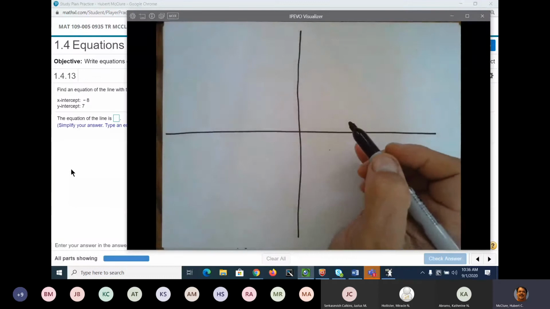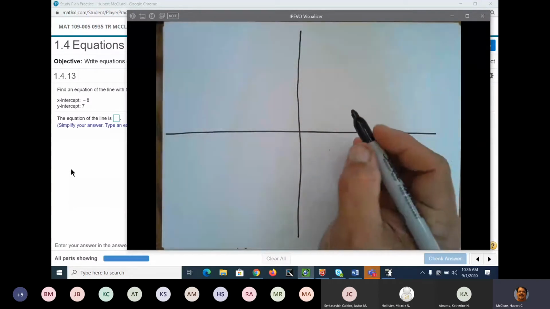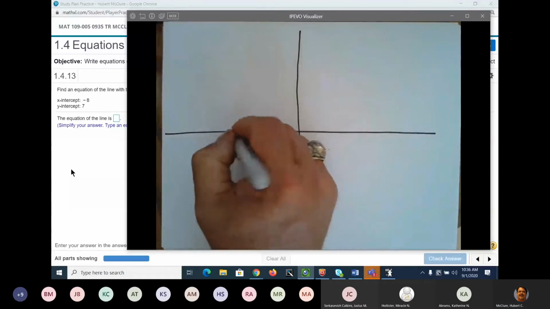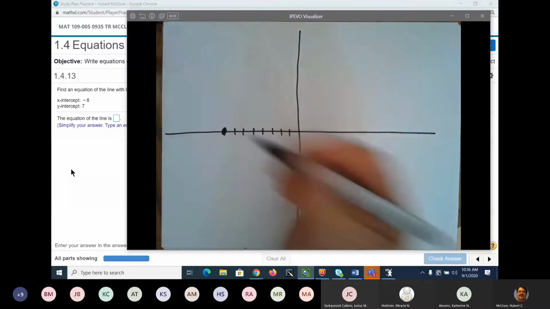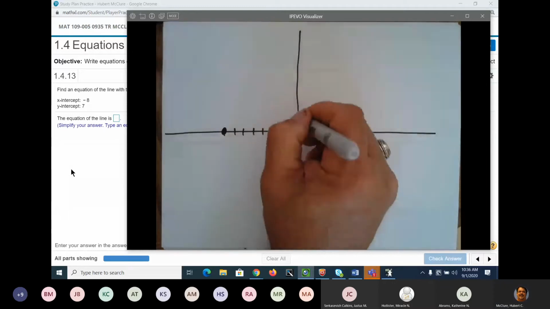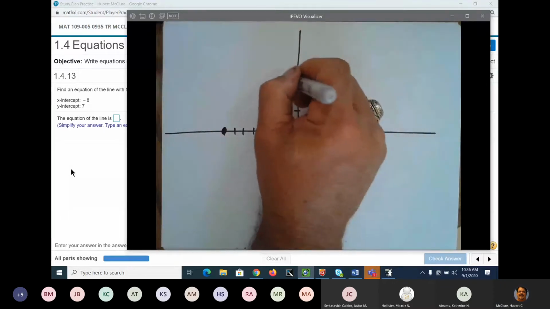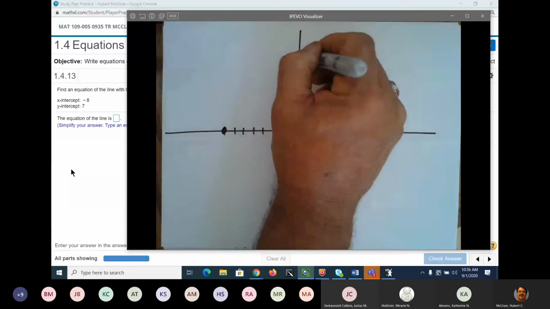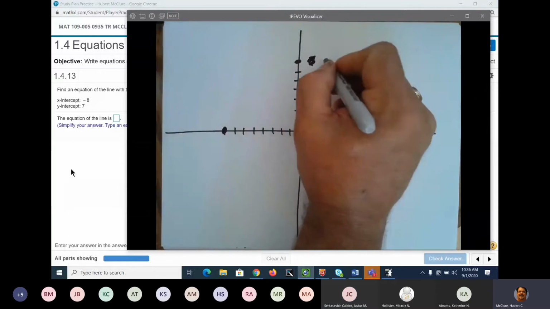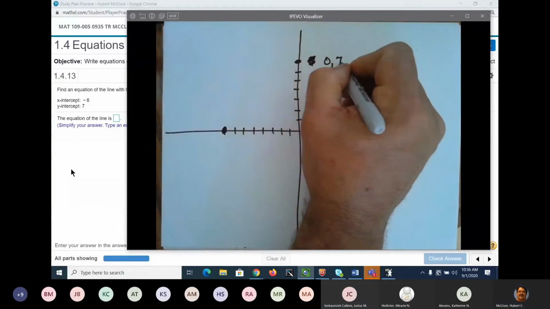And I know I've got an x-intercept of -8, and we've got a y-intercept of 7. Okay, so 0, 7, and -8, 0.